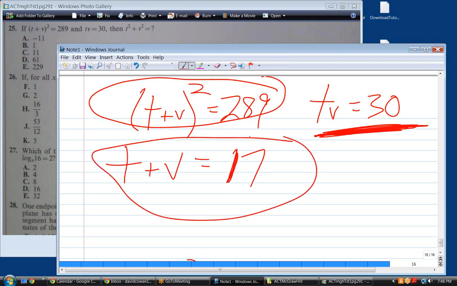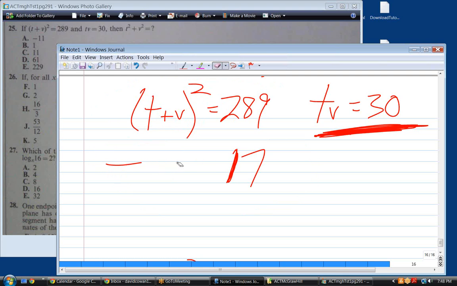I still don't know what t squared plus v squared is. The only way to really solve this is to expand it first. You can see that because when you expand that, there's going to be a t squared and a v squared as part of that expression.